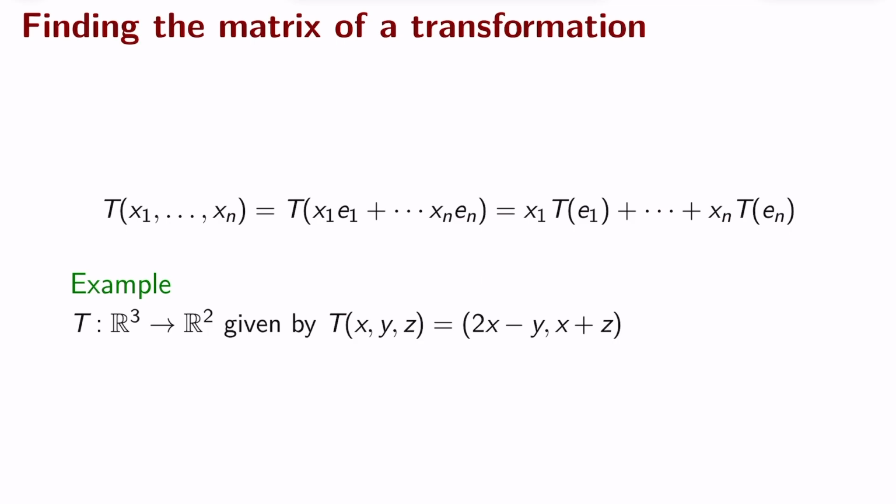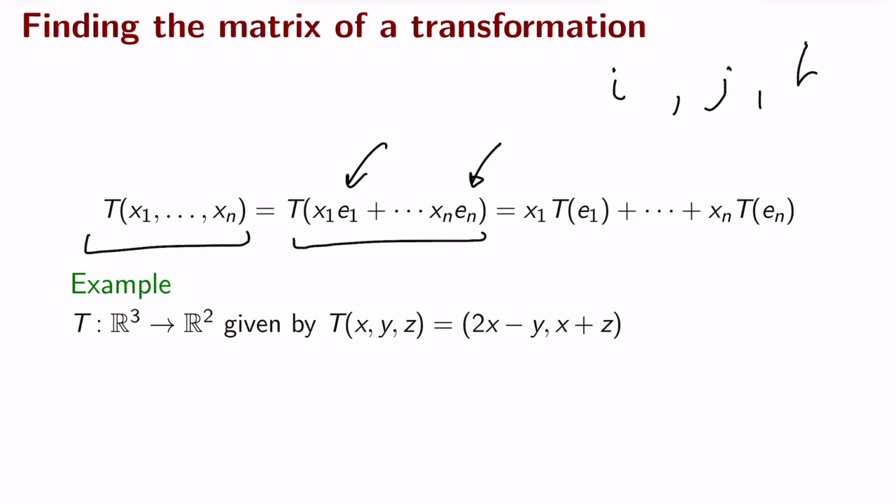Well, the idea is the expression of the matrix at any vector. Remember that any vector can be written like this, where E1, E2, En are the standard unit vectors. The standard unit vectors are the ones that in R3 we were calling i, j, k.